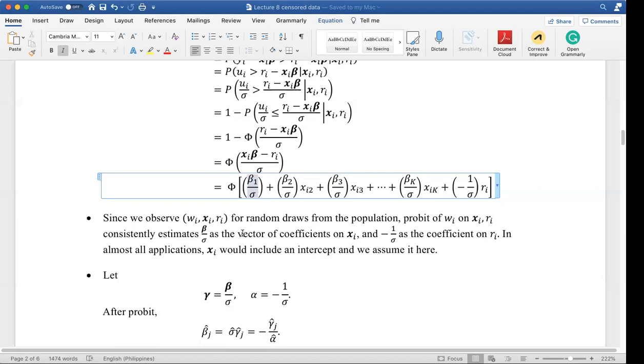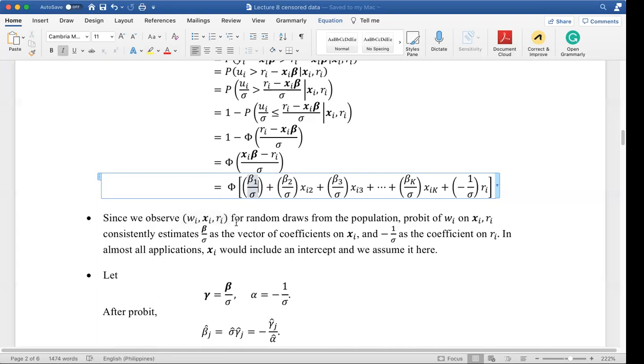So what do we observe? We observe x sub I, which for WTP studies is usually socioeconomic characteristics. We have R sub I, the project cost presented to the household, and W sub I would be a binary variable, 1 or 0, depending on whether his willingness to pay is higher than R sub I. Note that willingness to pay, WTP, is not observable.